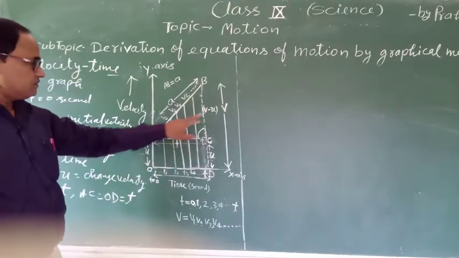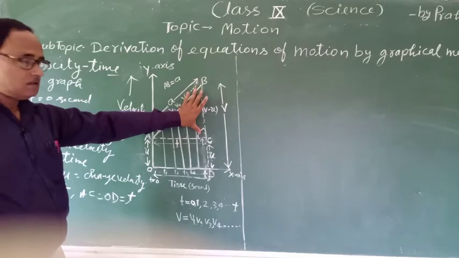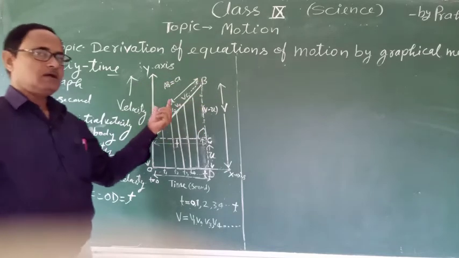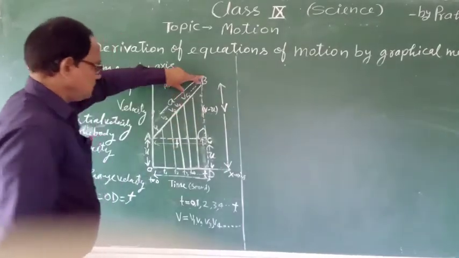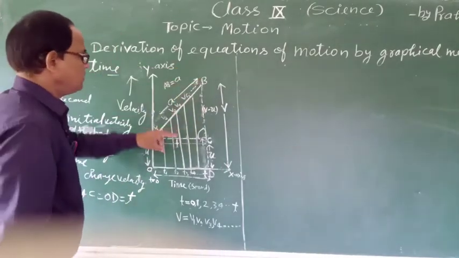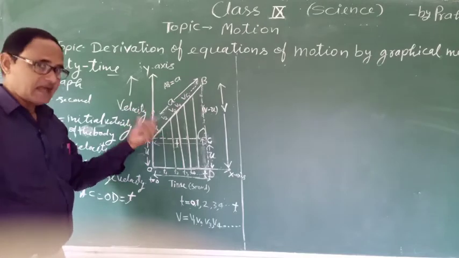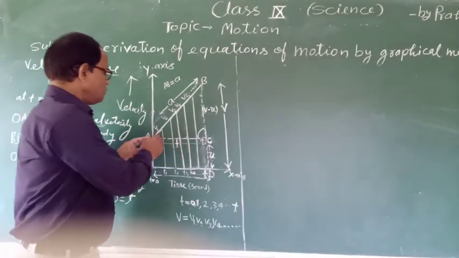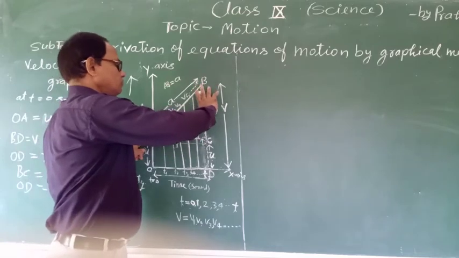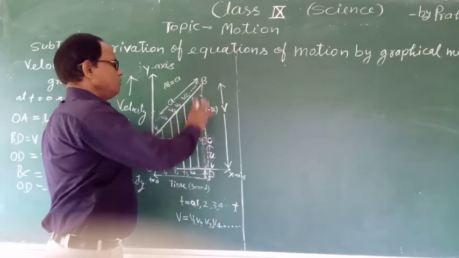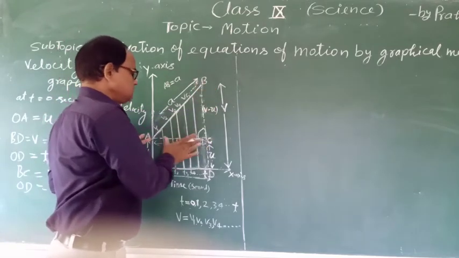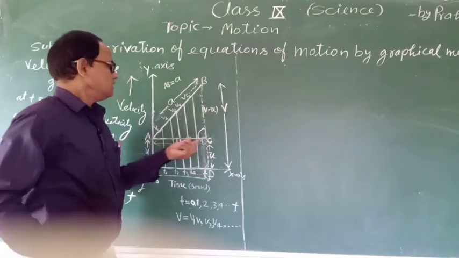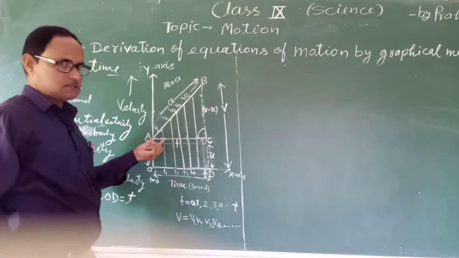Change in velocity per unit time is called acceleration. That is known as the slope, because the value of tan theta is BC by AC. BC is the perpendicular on AC, which is the base.